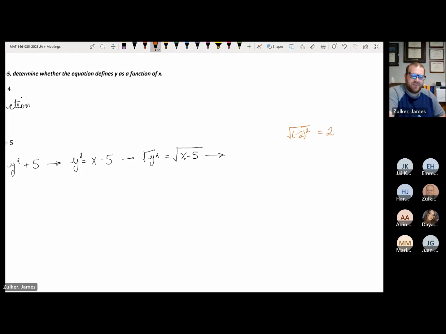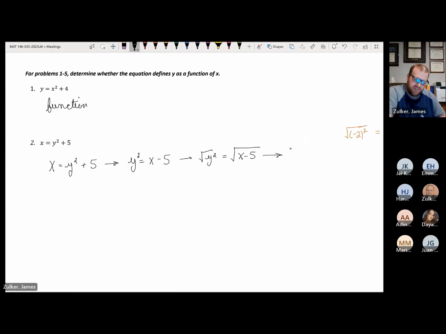It's 2, isn't it? That's not -2. It'd be the absolute value of y. So the absolute value of y has to be the square root of x minus 5.